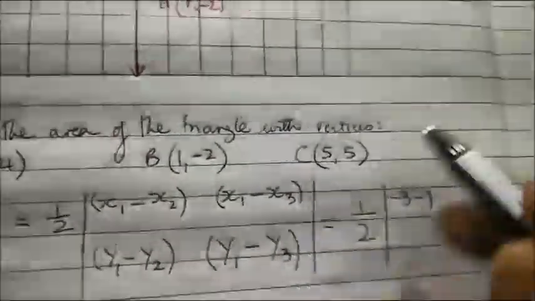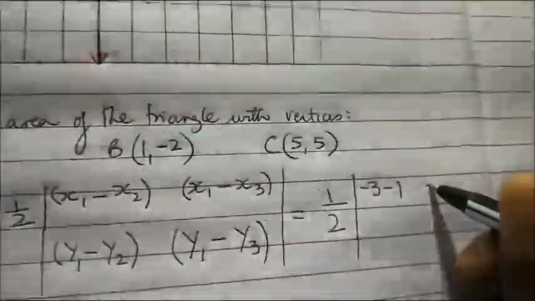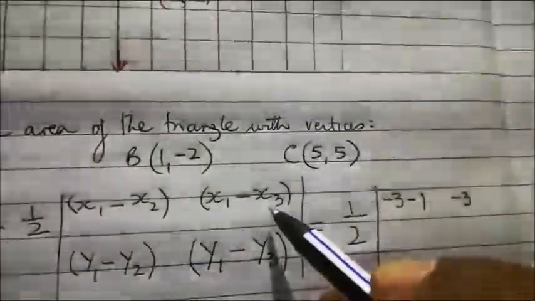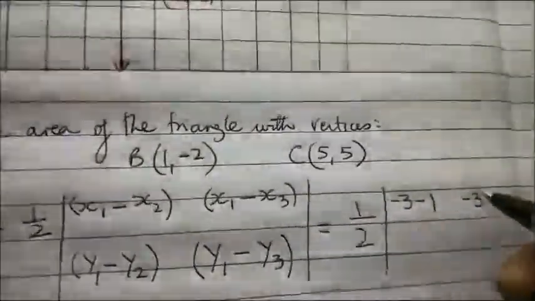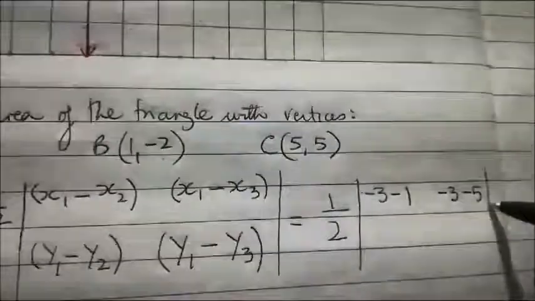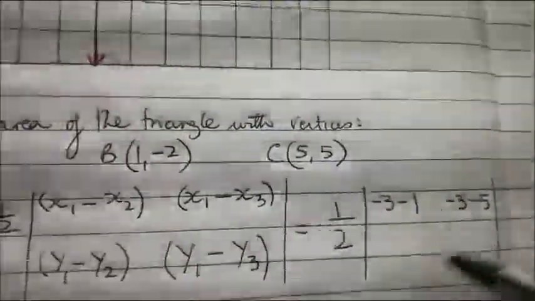And then x1 again is -3, and x3 is -5. So it's going to be 5. So we're going to have -5 from this one, and we bring down the absolute bracket again.